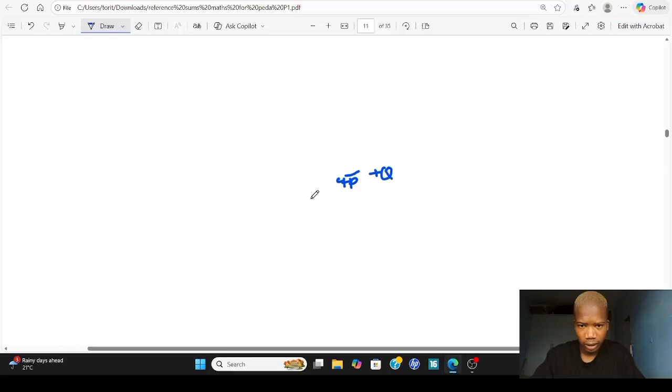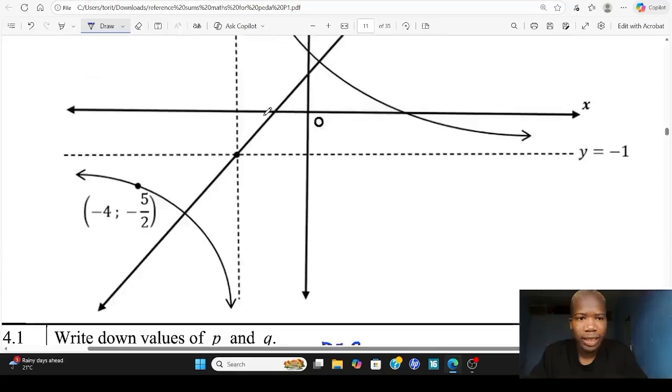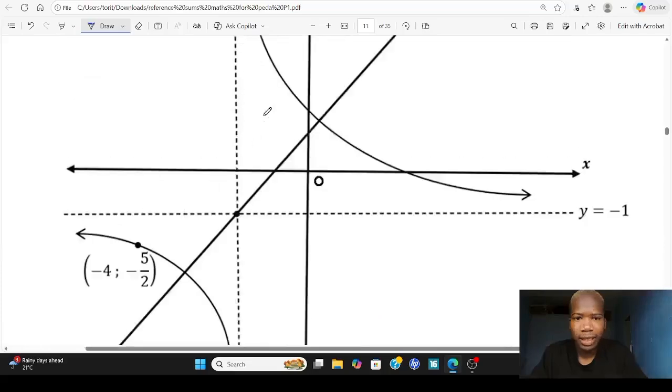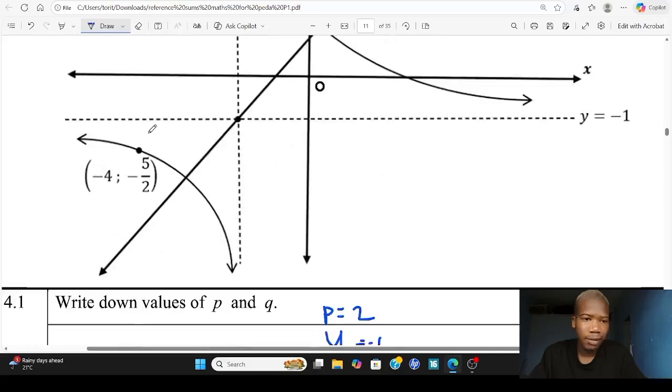Then we say that we can substitute the values that we are given here. So which values are we given? We are given the value of x, which is minus 4, and the value of y, which is 5 over 2, right?